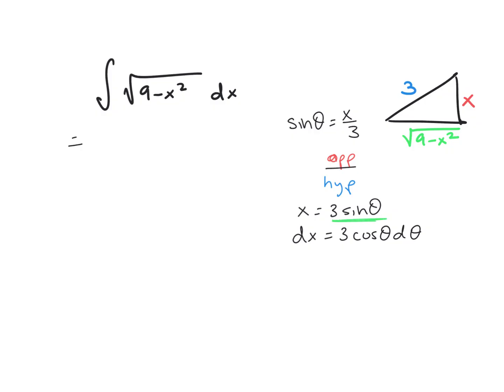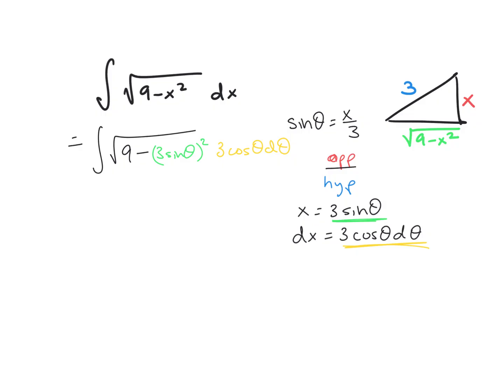So this is going to be the integral of the square root of 9 minus my 3 sine theta, the quantity squared. And then my dx is 3 cosine theta d theta. And so I'm literally going to replace that whole dx with 3 cosine theta d theta.